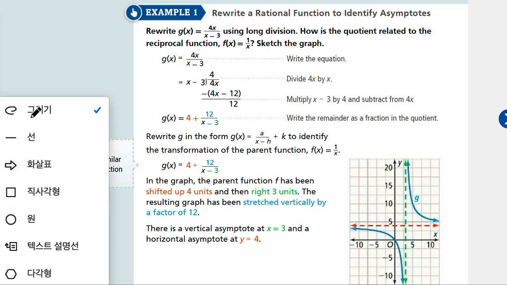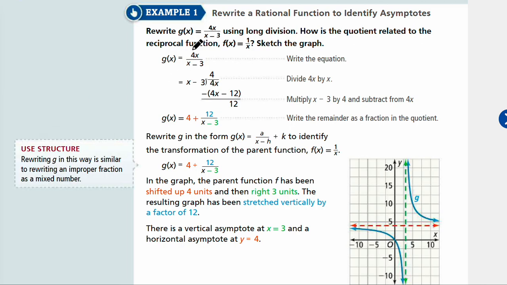First of all, we're going to rewrite this using long division. You remember long division, right? Basically, you divide the monomial by the binomial. Remember, it's your numerator divided by your denominator. So 4x is divided by x minus 3.